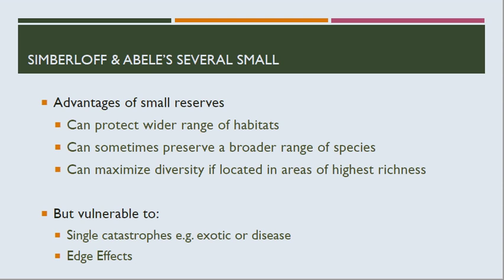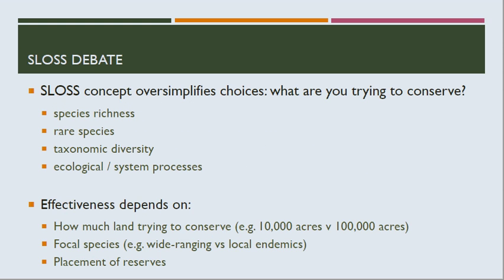So the SLOSS debate was born, people arguing whether there should be a single large or several small reserves. Basically, it is a bit of an oversimplification. There are probably elements from both arguments which are important. If you are just trying to conserve simple species richness, then a single large reserve is probably best.